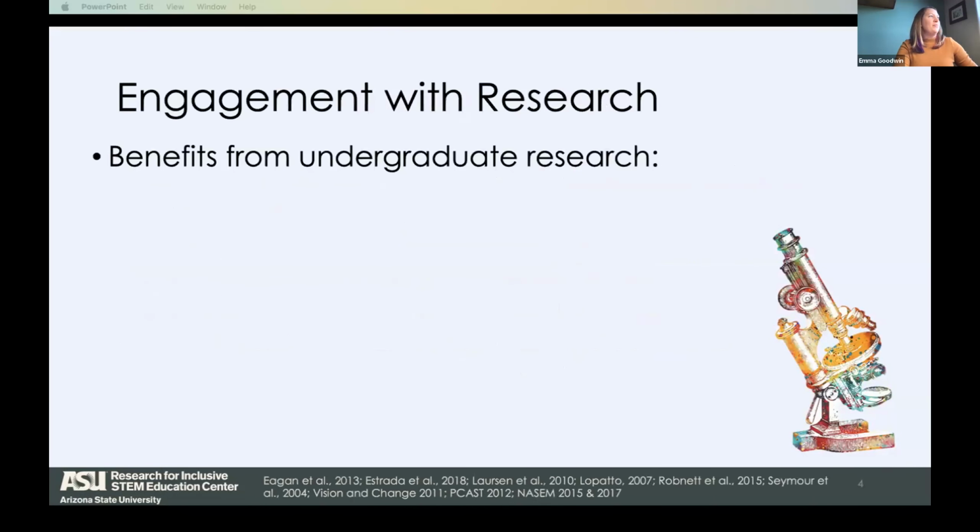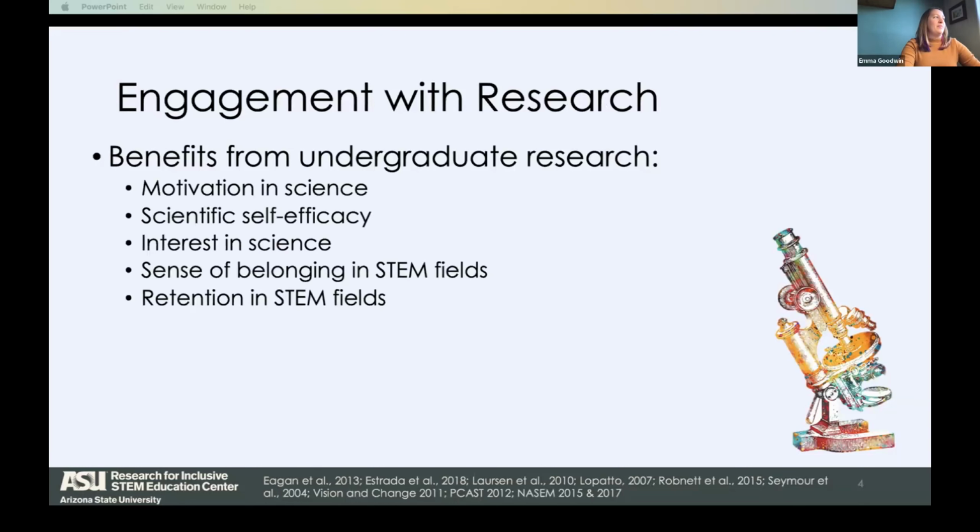So to start, we know that engagement with undergraduate research can result in numerous benefits for students. These can include support in motivation in science, increased scientific self-efficacy, increased interest in science, sense of belonging in STEM fields, and ultimately even retention in STEM majors and careers.